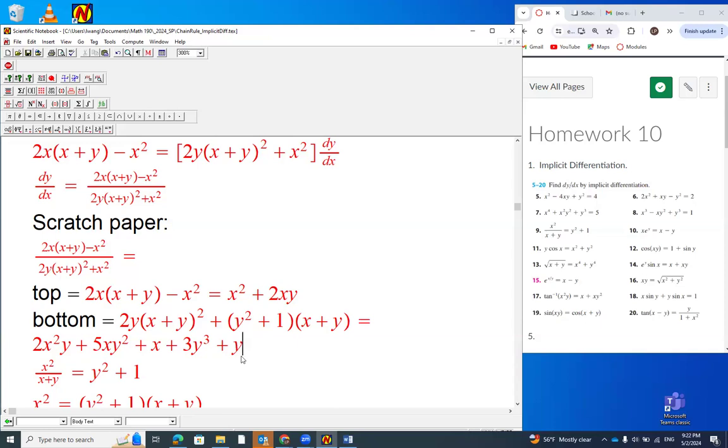So I decided after all of these, I'm only going to simplify the top into x squared plus 2xy, right? By distributing. And the denominator, I'm going to keep as is. Boom.